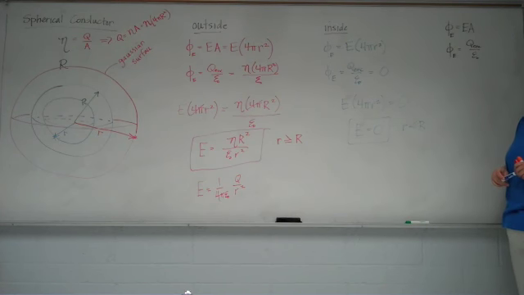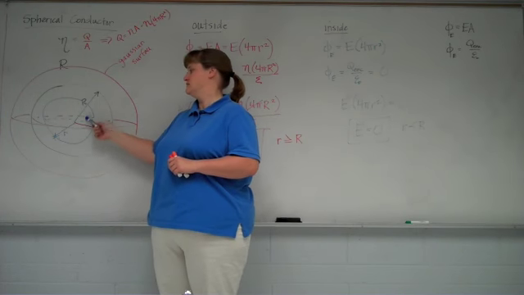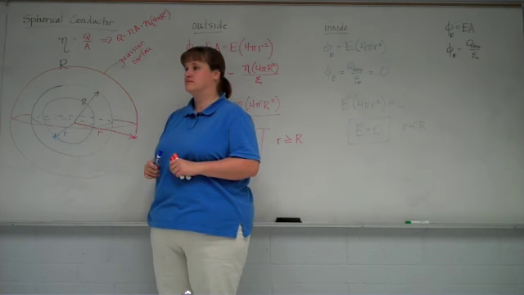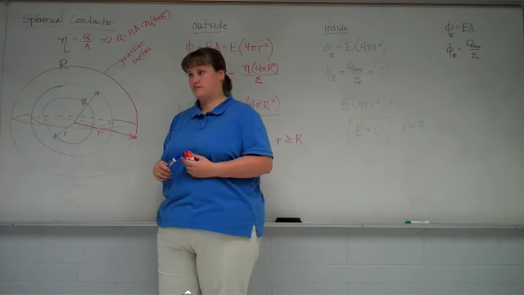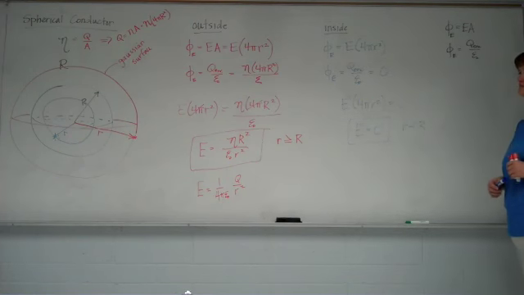Wait, how did you get the Q enclosed over epsilon naught equaling the other coming to 0? Because there's no net charge in here. Okay, and so the Q enclosed was 0. Right. Exactly right.